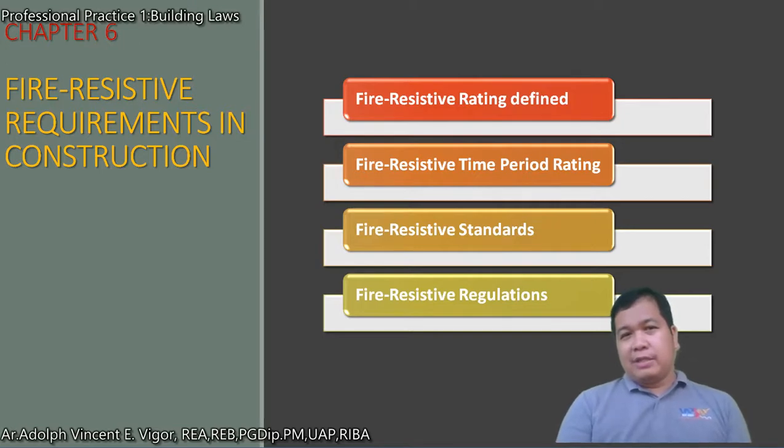Okay. I think that is the essence of including fire resistive requirements in construction in the National Building Code, because most of these minimum requirements will be further elaborated when you study the National Fire Code of the Philippines.